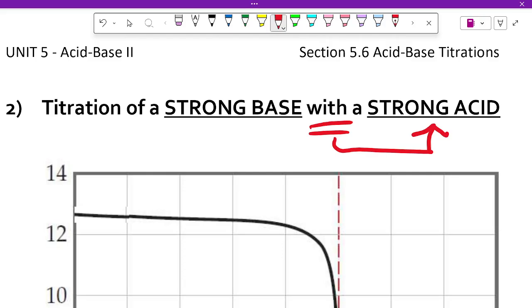We are titrating strong base with a strong acid. We're adding the acid to the base.